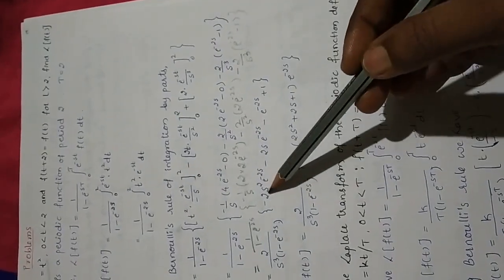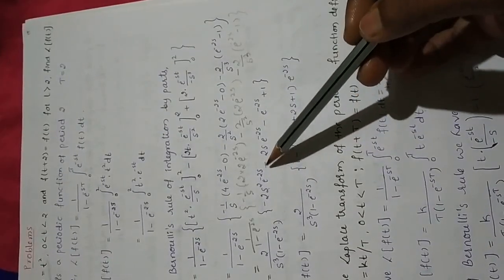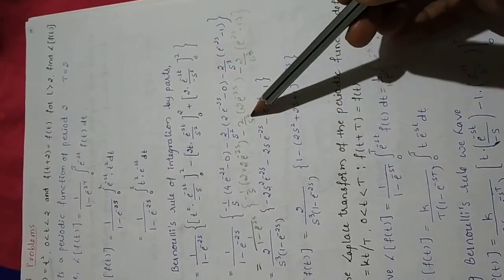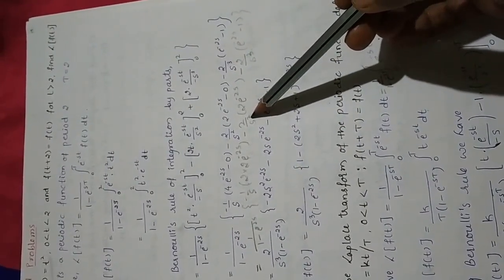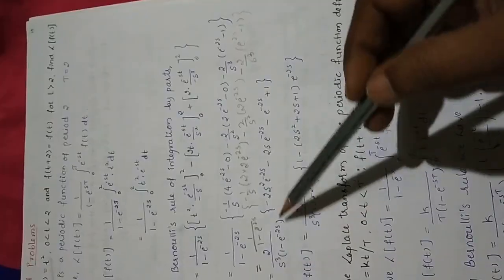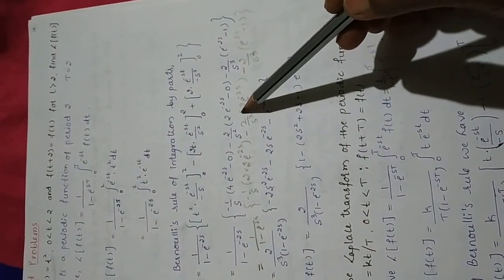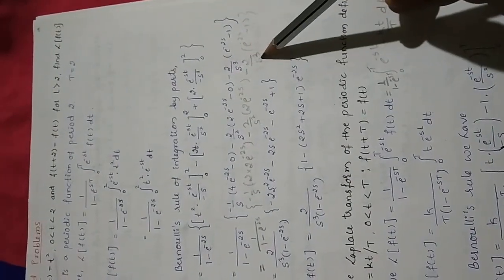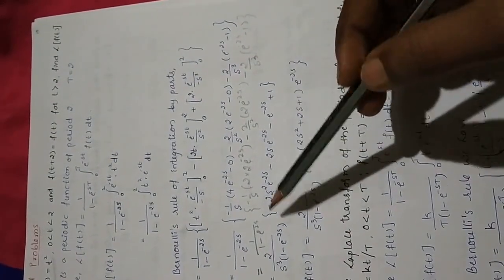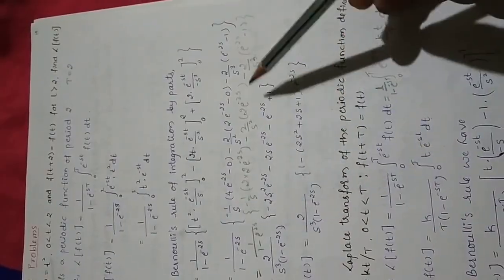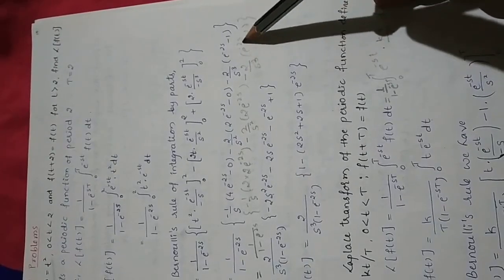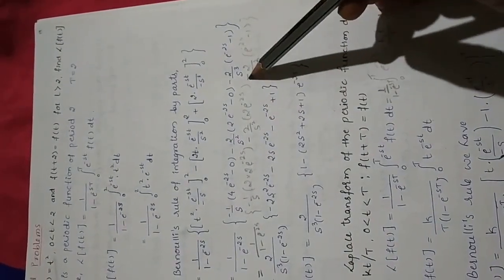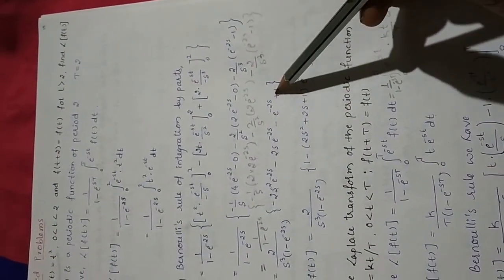Similarly, in the denominator s square is there, but I have taken s cube, therefore multiplying s to the numerator, minus 2s into e raised to minus 2s. Next, it is 2 by s cube only, so minus e raised to minus 2s, minus into minus gives plus 1.